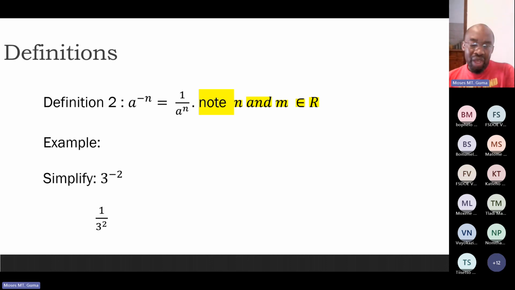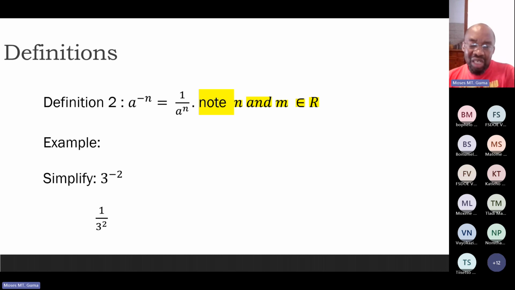Definition number 2 now. Remember, I said n and m are elements of real numbers. And I said that elements of real numbers, it means that they can be positive, they can be negative, they can be fractions. Can you see that there? My base is raised to a negative exponent. Now, if the base is raised to a negative exponent, that actually means that we just take 1 and divide 1 by a to power n.